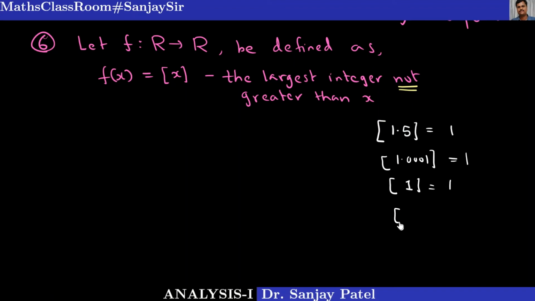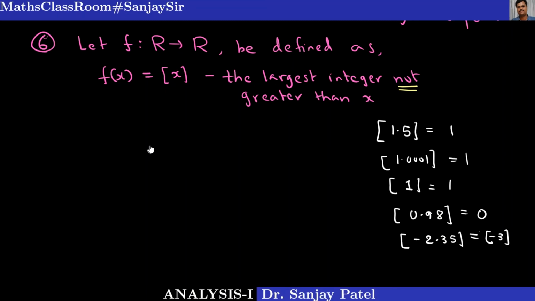But if I take the value 0.98, then the bracket value of this is 0. But if I take a negative value, say minus 2.35, then the value of bracket x is not minus 2, it is minus 3.